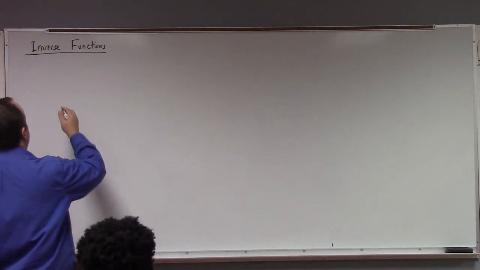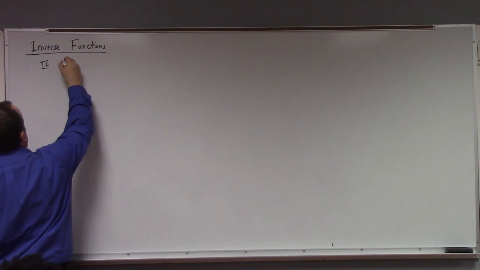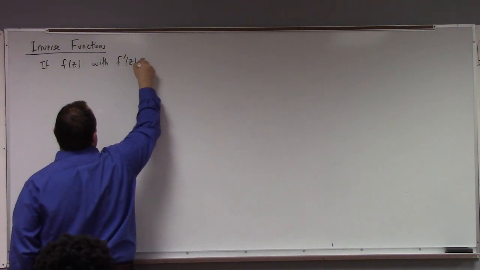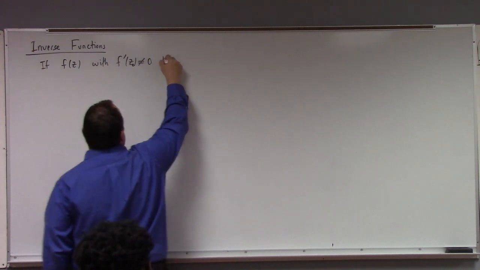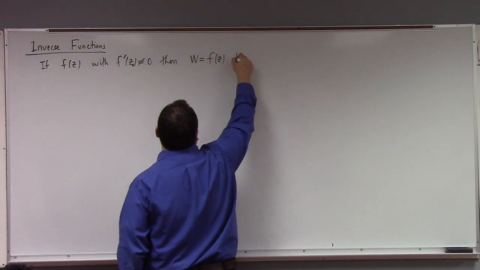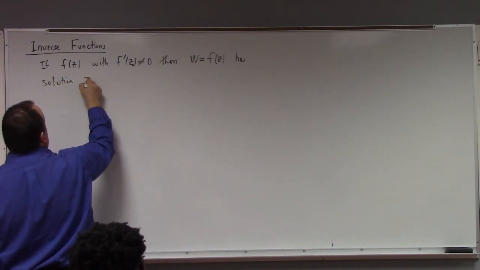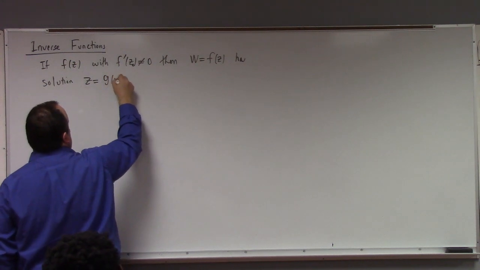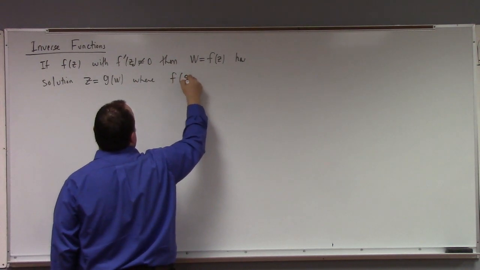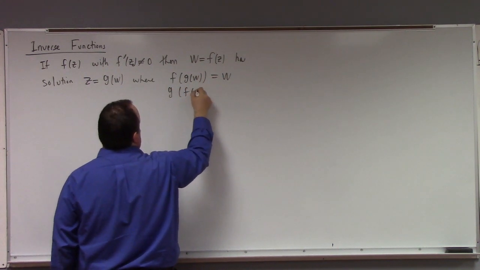So in a nutshell, if you're looking at f of z with f prime of z not equal to 0, then solving w equals f of z has a solution z equals g of w, where f of g of w is equal to w, and g of f of z is equal to z.